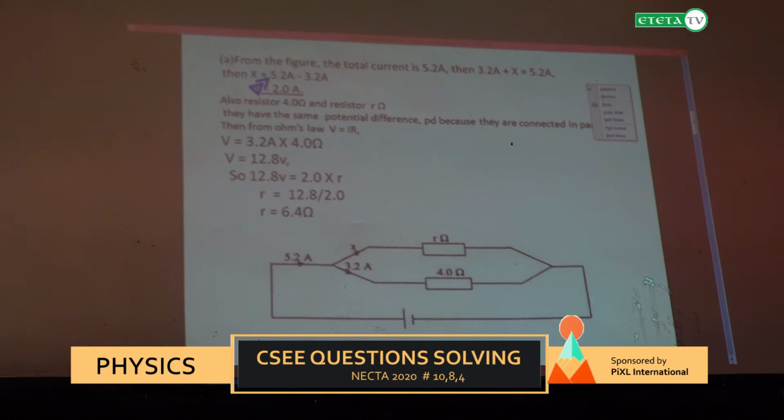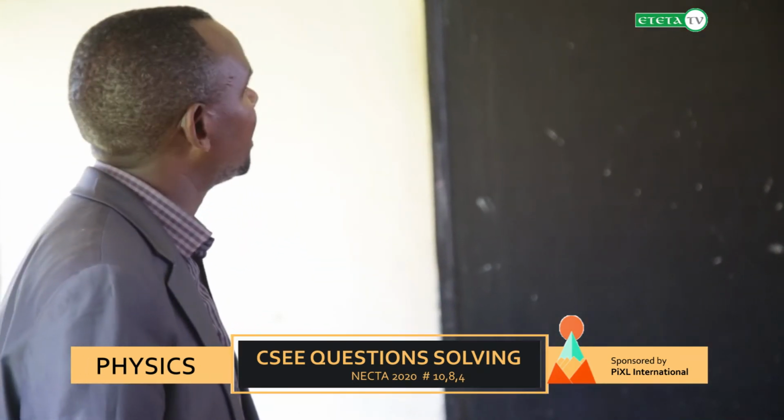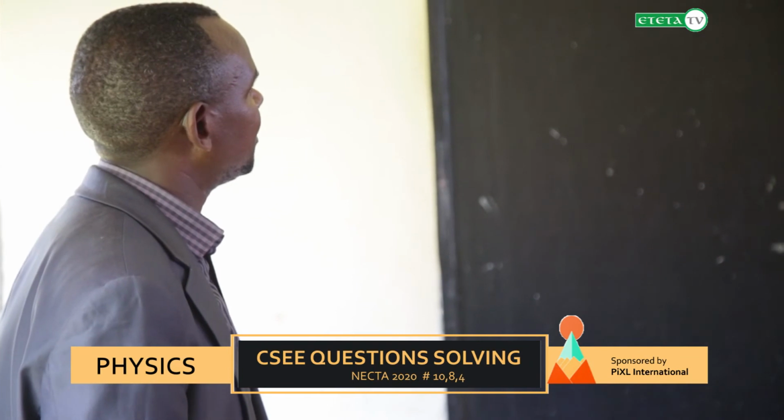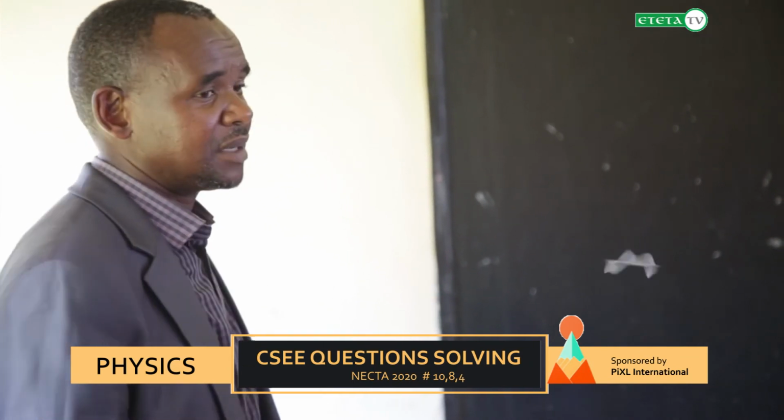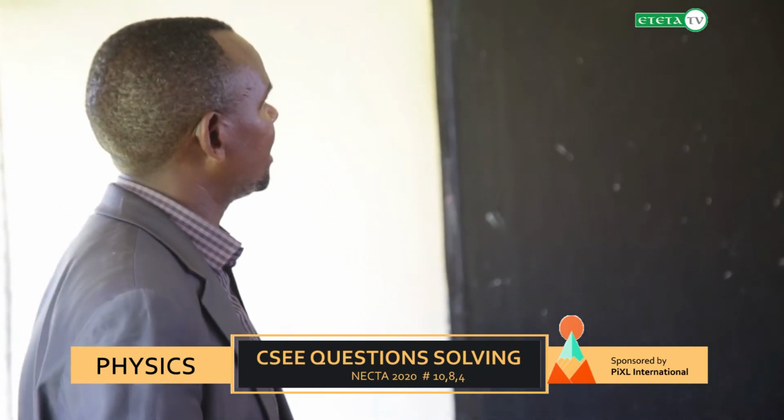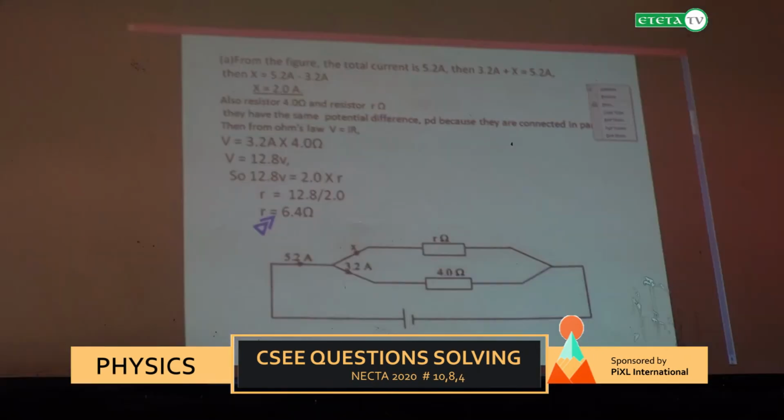The value of current labeled as X is 2.0 amperes. Also, we have already calculated the value of resistance labeled as R, which is 6.4. So this is the end of the solution of this question.